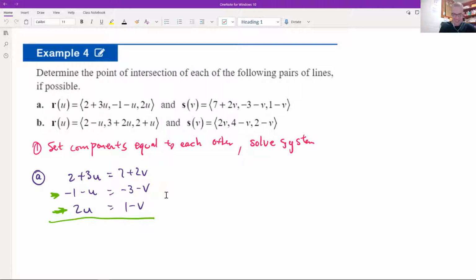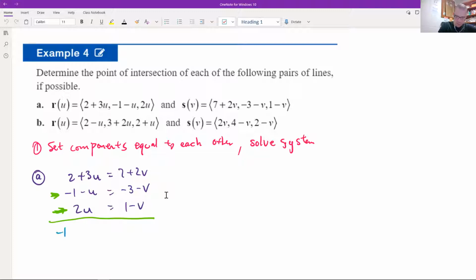I'm going to make this a different color so it stands out. It's fine to subtract equations from each other because we've got equal things on each side. So we're doing a valid equation operation.